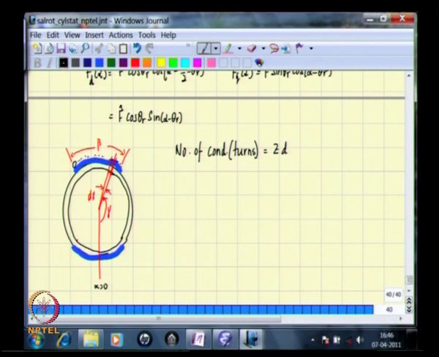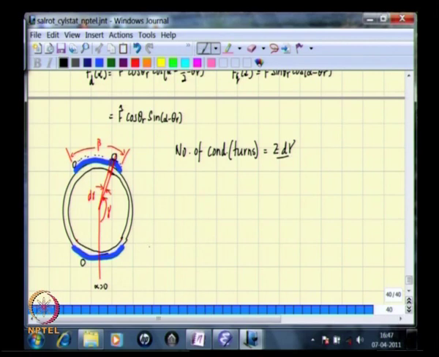So, the number of turns would then be z d gamma. Now, these number of turns form an elementary coil. One can imagine that there is a single coil here with the return conductors here, with the number of turns being z d gamma.